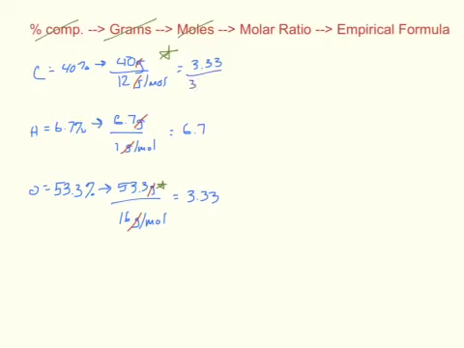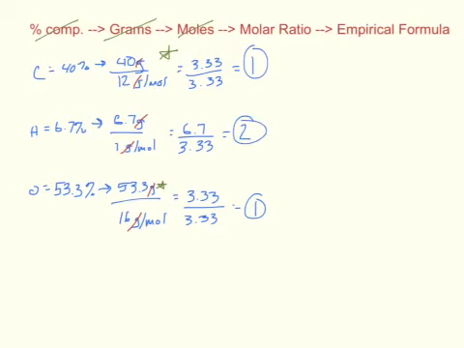So if you're choosing the correct molar ratio, we should have a denominator of 3.33 for each of these numbers. Obviously that gives us 1, so we've got those two. And even without a calculator, you can probably guess that 6 divided by 3 is 2. Obviously we're going to get a little over 2, but round to the whole number right there.